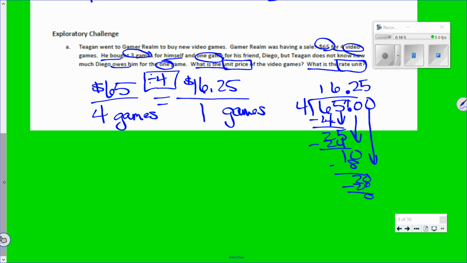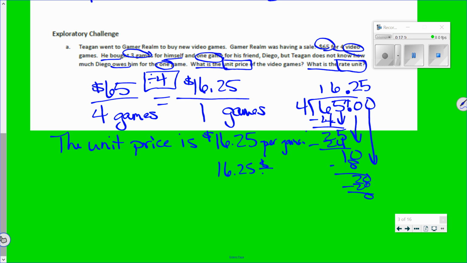So the unit price is, and when we're doing unit price, remember, it's one number and 2 units. 16.25 per game. If it makes you feel better, I would actually accept $16.25 per game if you wanted to write it that way.